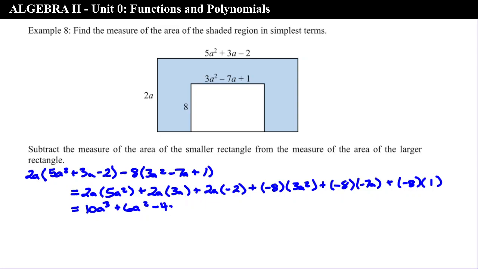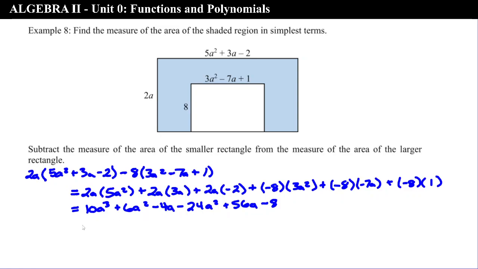And then we have negative 8 times 3a squared, that's going to be minus 24a squared. We have negative 8 times negative 7a, so that's going to be positive 56a. And then finally on the end, minus 8.